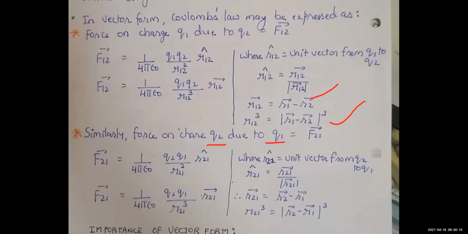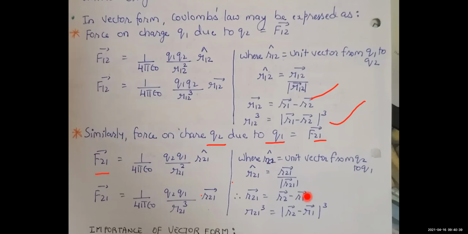So it is F21. You will have F21 equals 1 upon 4 pi epsilon naught Q2 Q1, that is Q1 Q2 is same, upon R21 square, and here it is unit vector R21. But unit vector R21 can be written as vector R21 upon the magnitude.